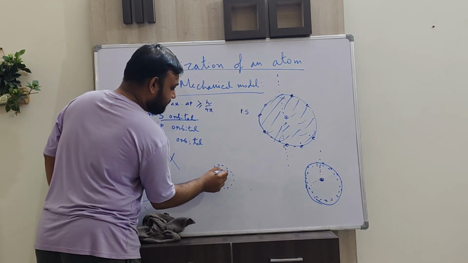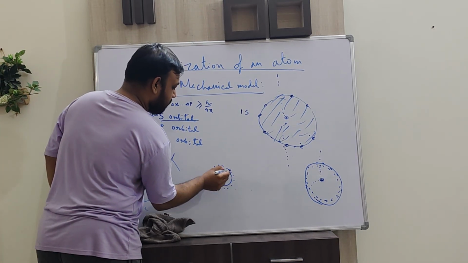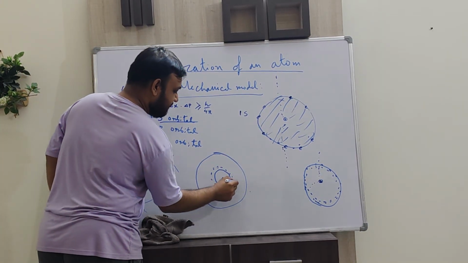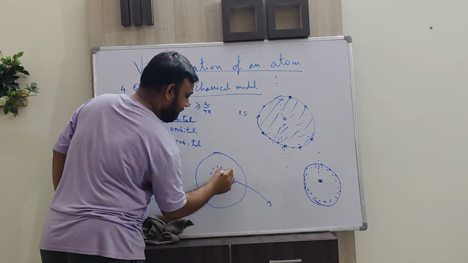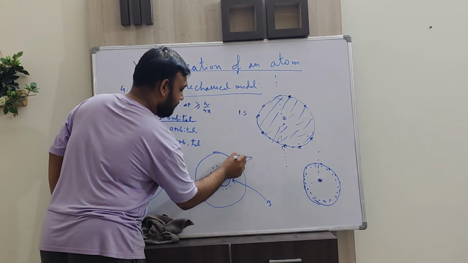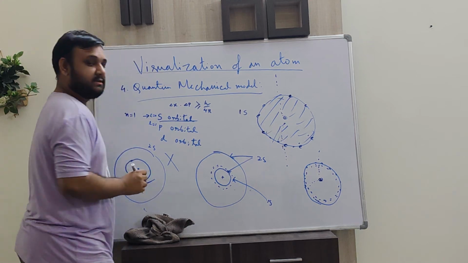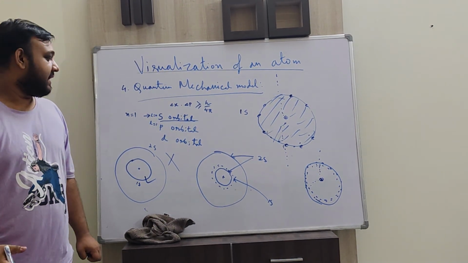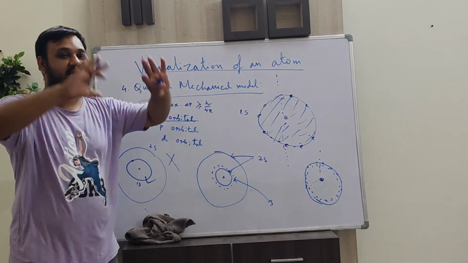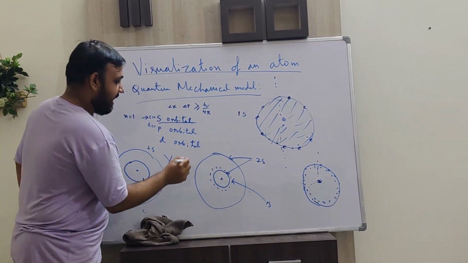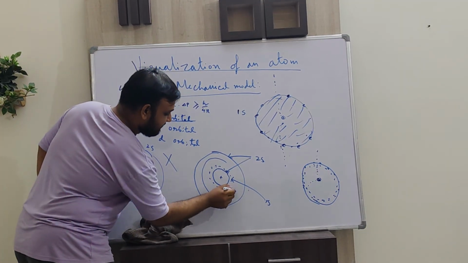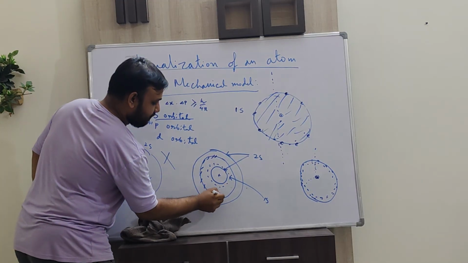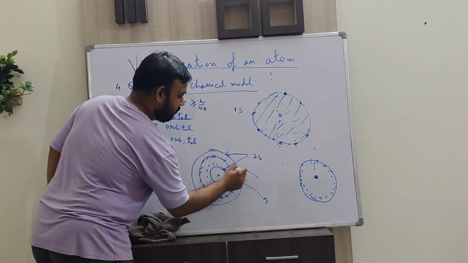Then the 2s orbital has a smaller sphere closest to the nucleus and a bigger one outside. This inner one and the outer one combined give 2s. That is the misconception almost every student has, that there is only one shell. No, there are two possible shells. And this space I am marking here is called a node.